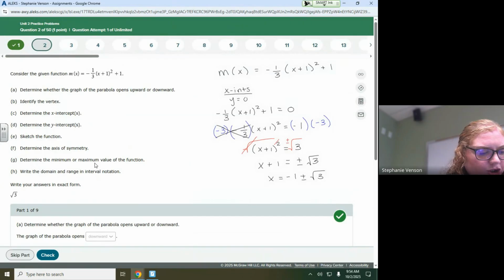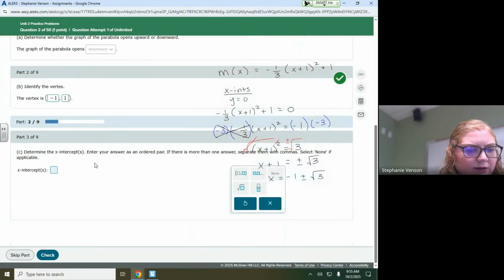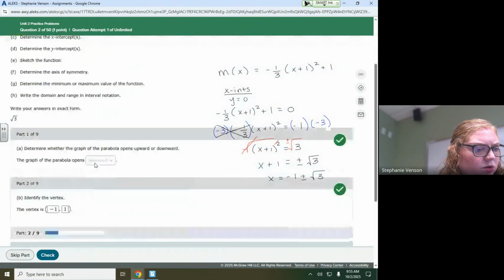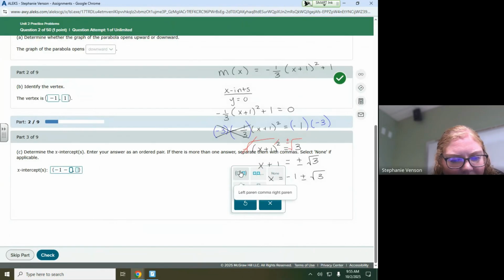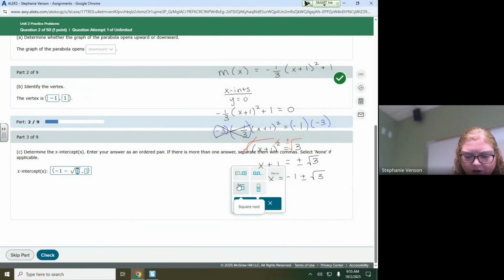So it looks like there are 2 x-intercepts. First one is negative 1 minus the square root of 3, comma, 0.